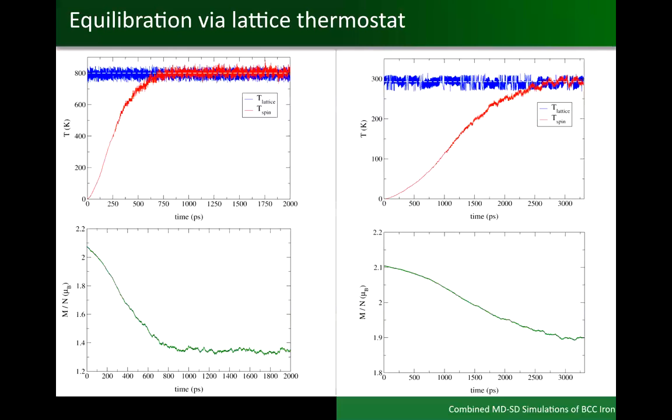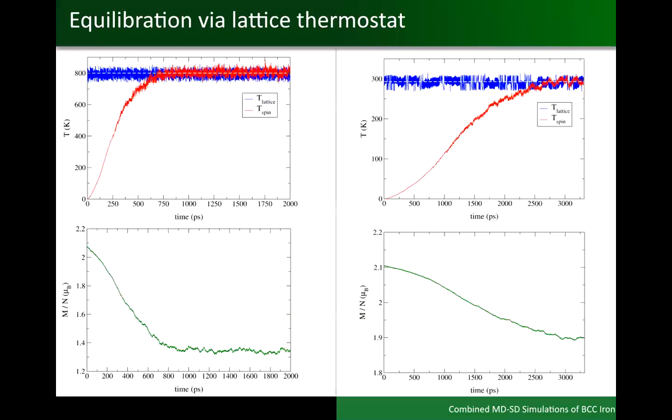So in these plots you see the temperature of the atoms of the lattice that's coupled to a thermostat, and that's in the top two plots the blue line. And then we start out the spins all aligned in a single direction and let them thermalize with the lattice.